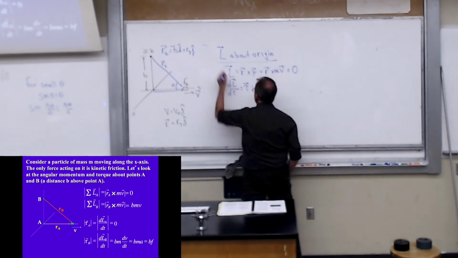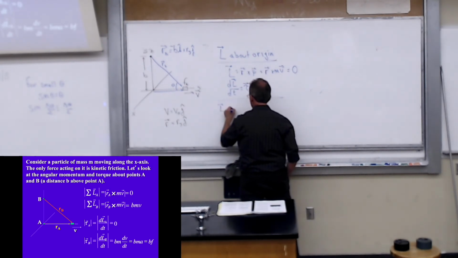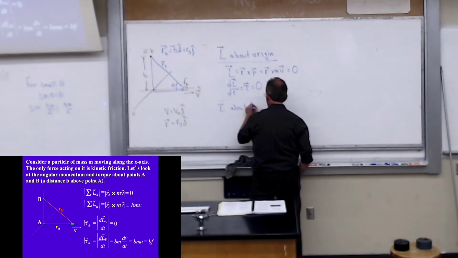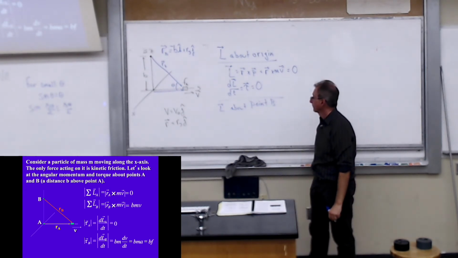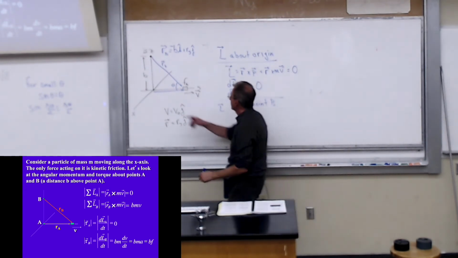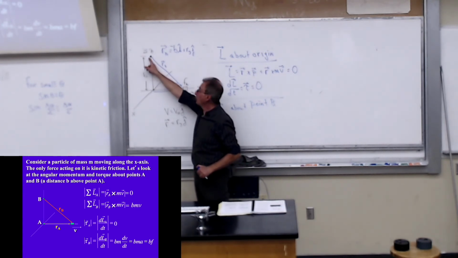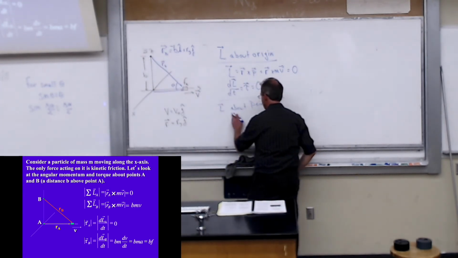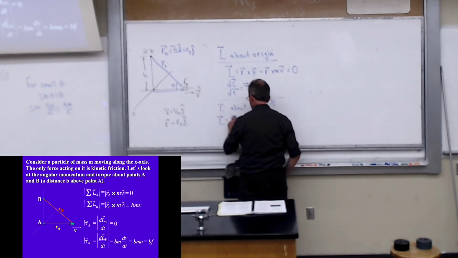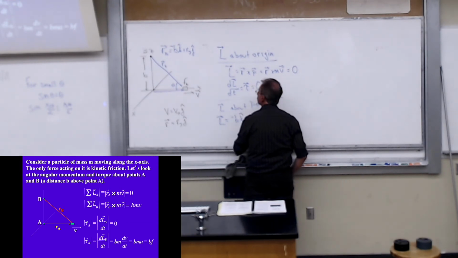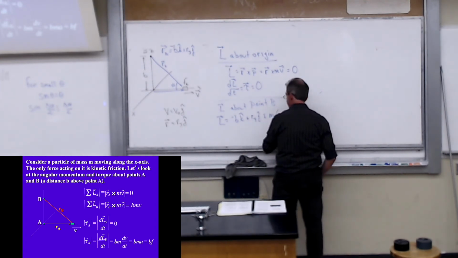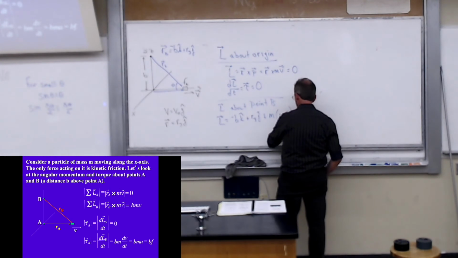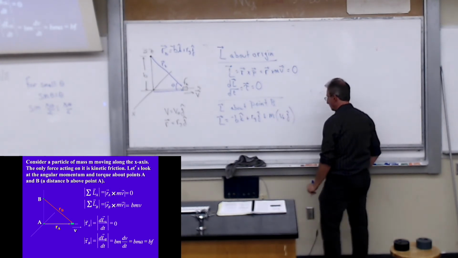Now, let's calculate L about point B. If we want to calculate the angular momentum about this point, this is our vector. L is going to be... what is that going to give me?